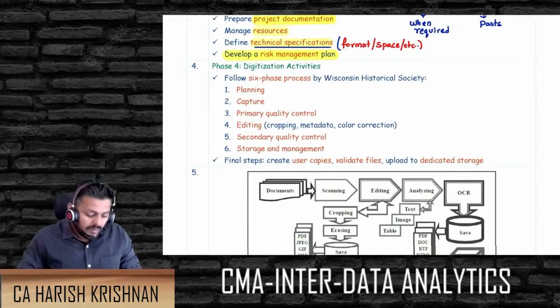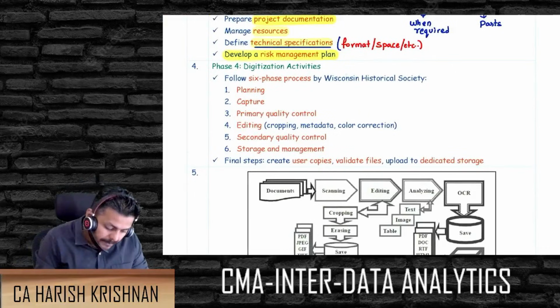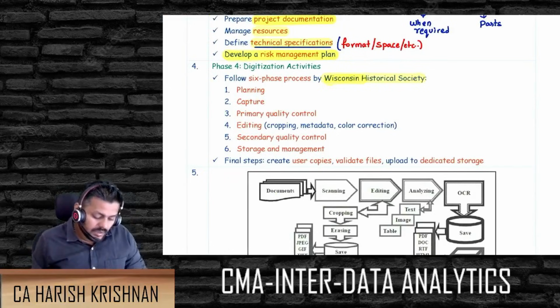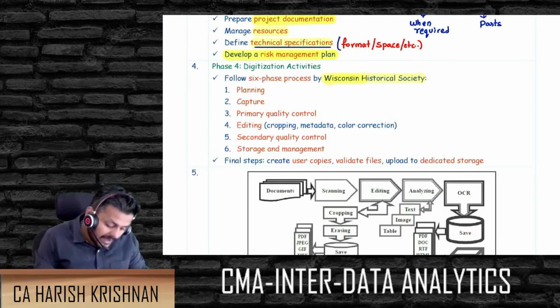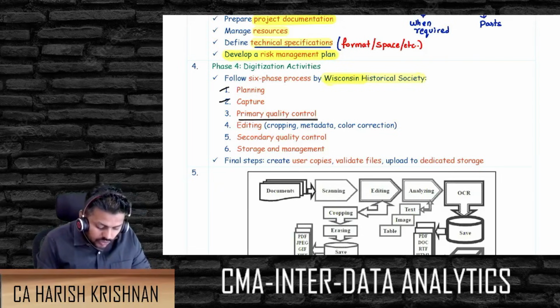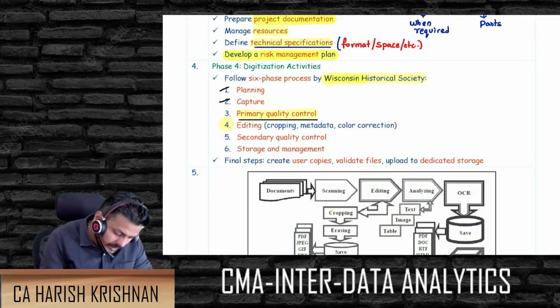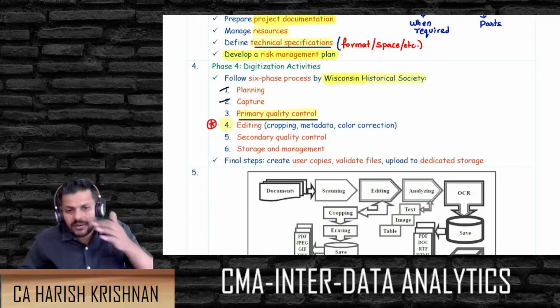Digitization activities, a 6-phase process by the Wisconsin Society, right? Wisconsin is a university. In those 6 phases, first planning, what to do? Again, capture all the data. Primary quality control is to check whether you have captured the right set of data. Then the key step is editing, right? I think all of you know the word editing. For anything that you do today, we will call it edit.